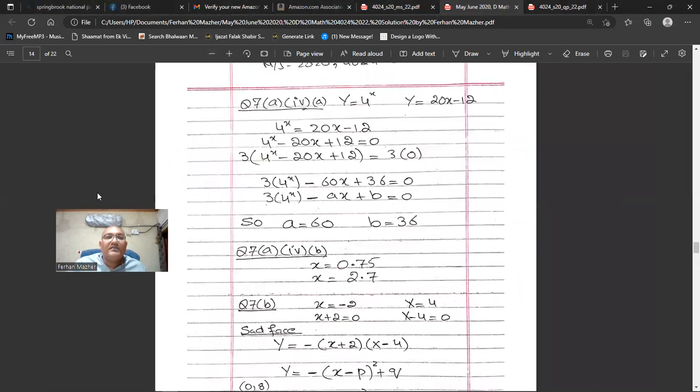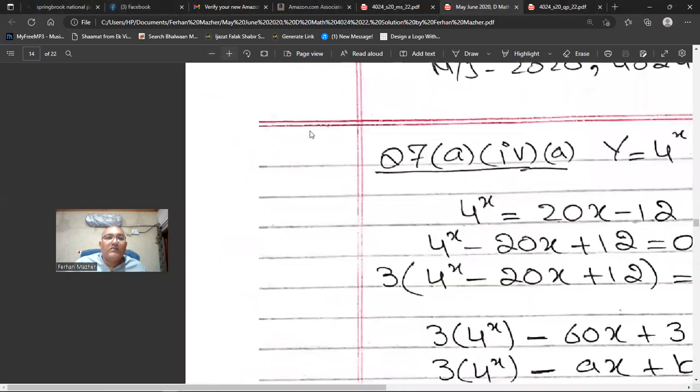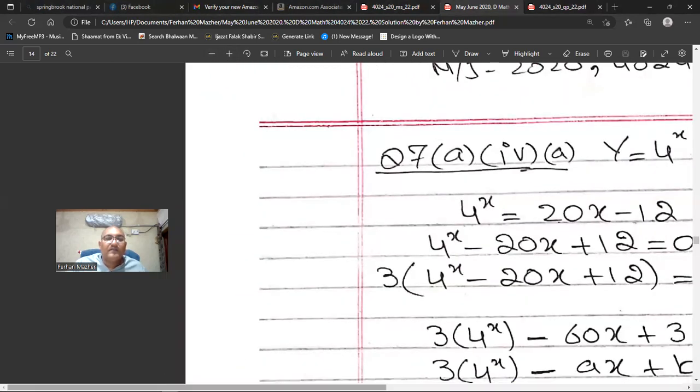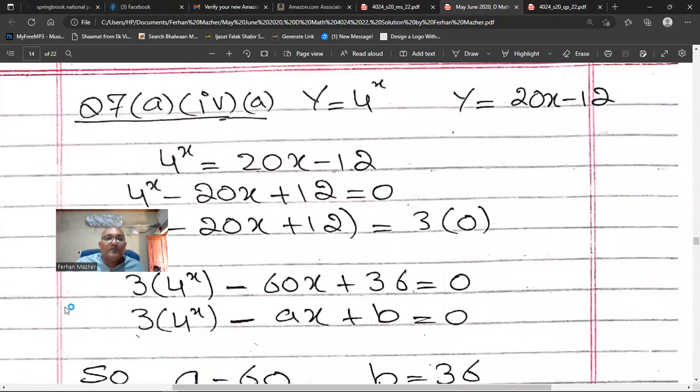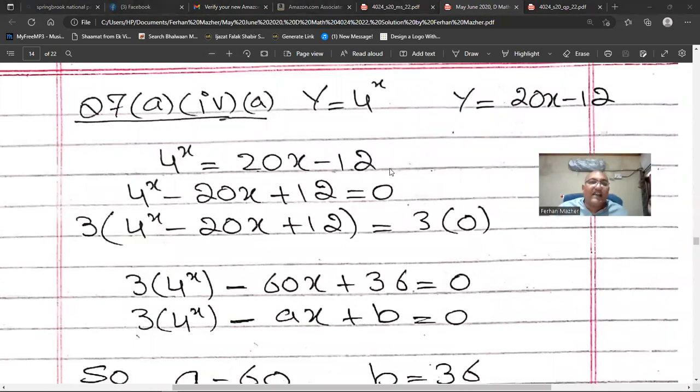Here we go, this is the curve, this is the line. So I will make their equations equal to each other. So 4 raised to power x equals 20x minus 12.